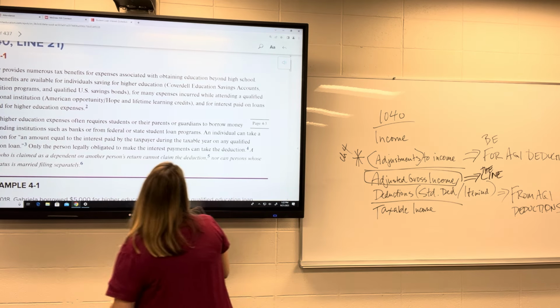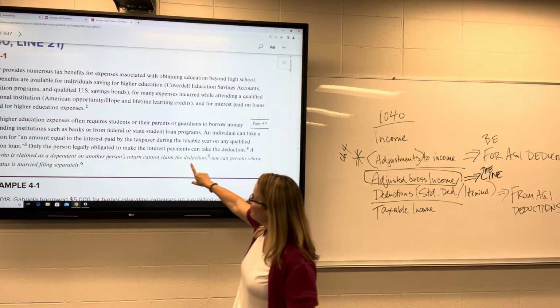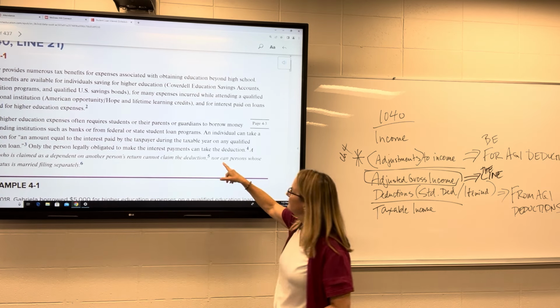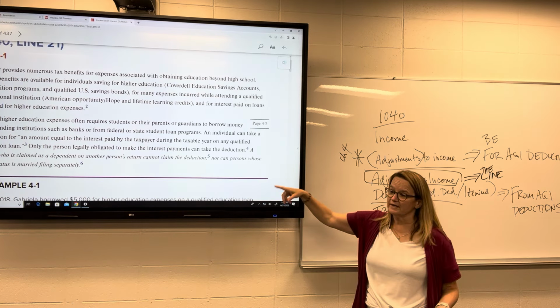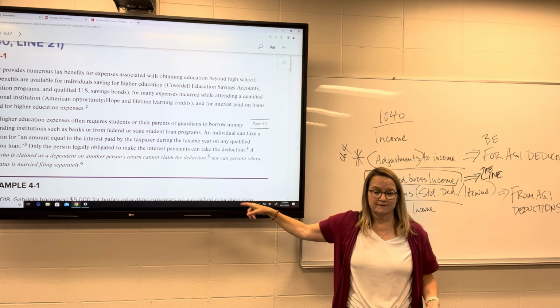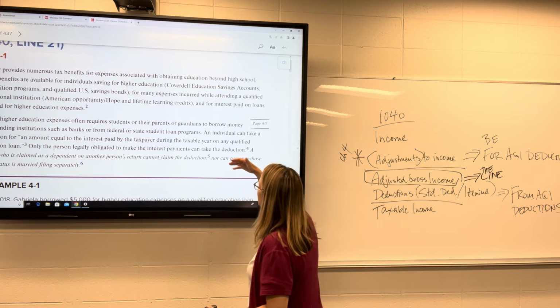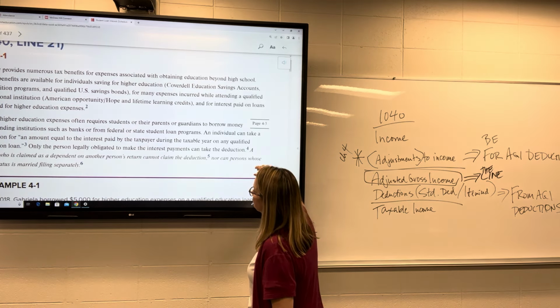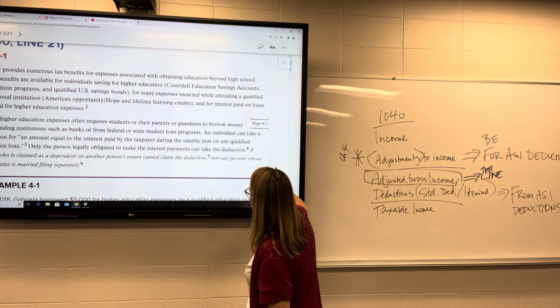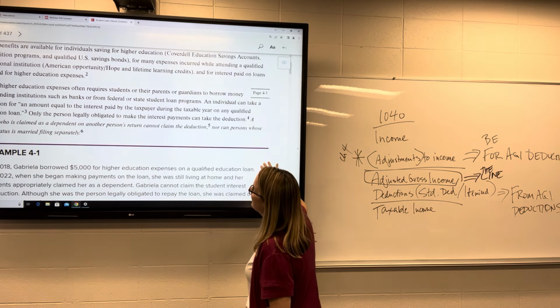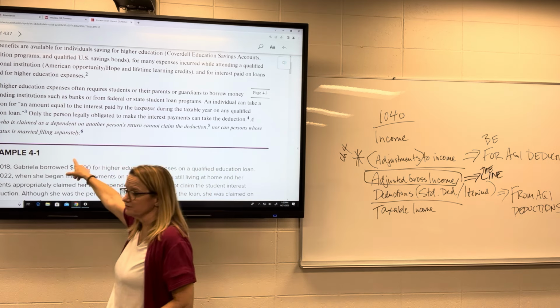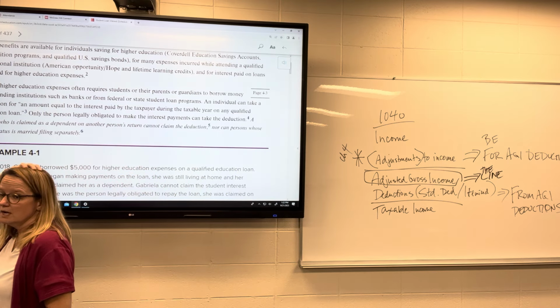But it does happen. So the person that is obligated to make the interest payments is the one that can take the deduction. Okay, so if it's the parent that took out the loan, the parent gets to claim that deduction.